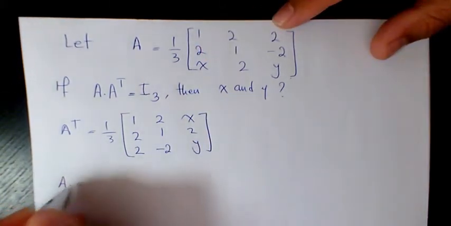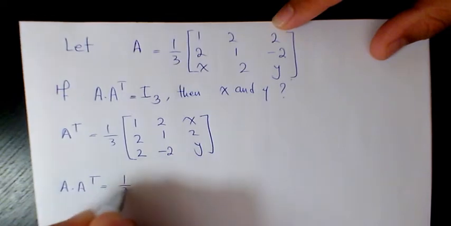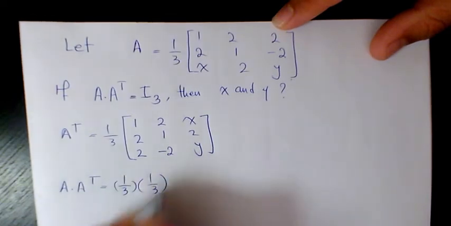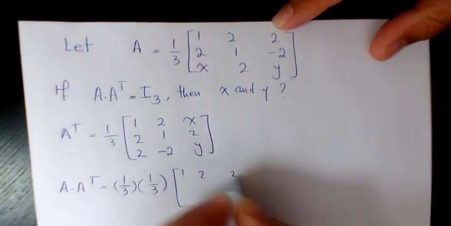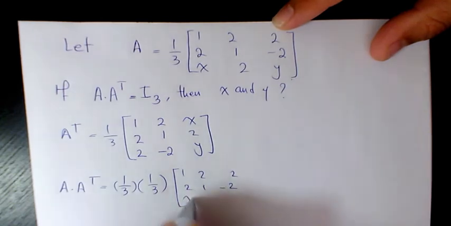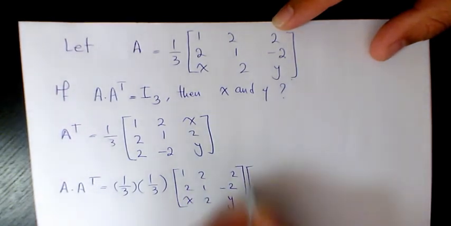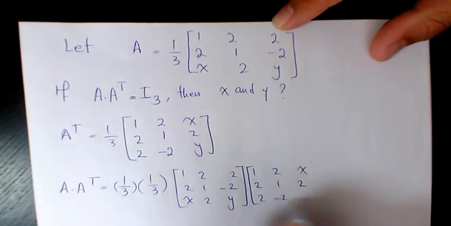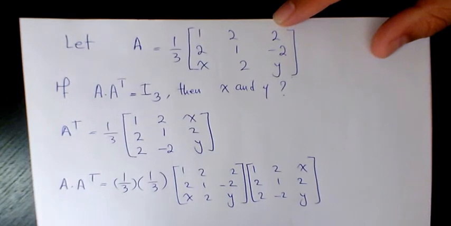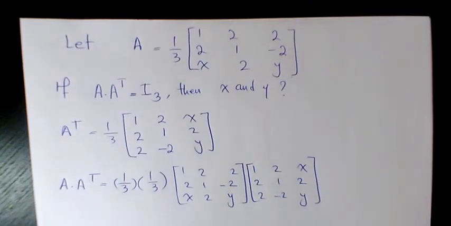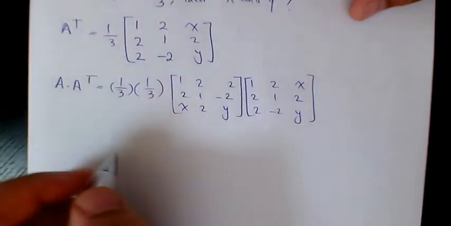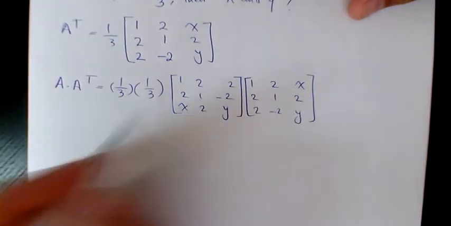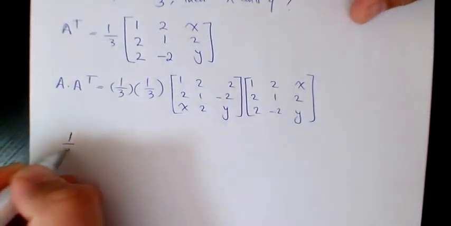Now when you multiply A by A transpose, you have 1 over 3 times 1 over 3, the matrix 1, 2, 2, 2, 1, negative 2, x, 2, y times the transpose. So then after that, we need to multiply this. This one is 1 over 9.